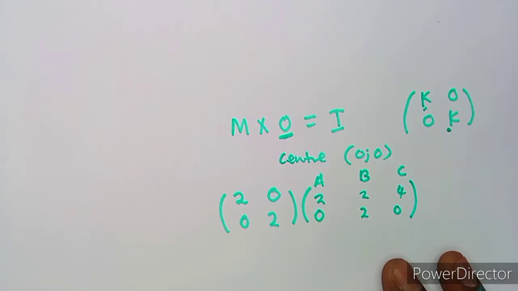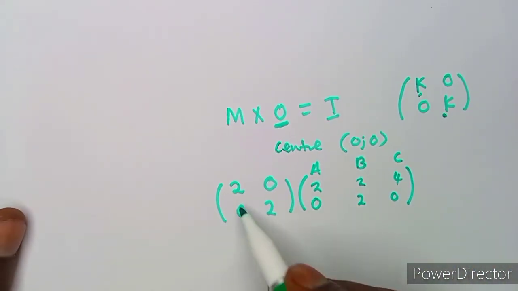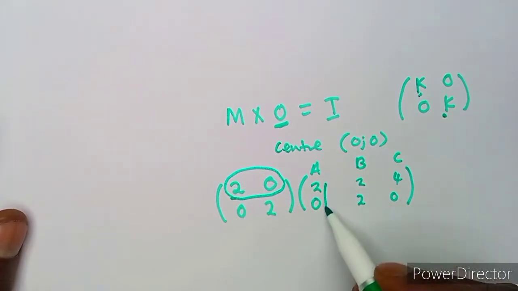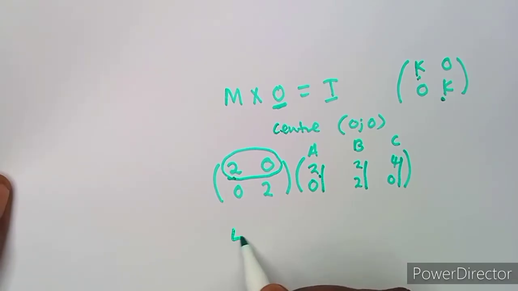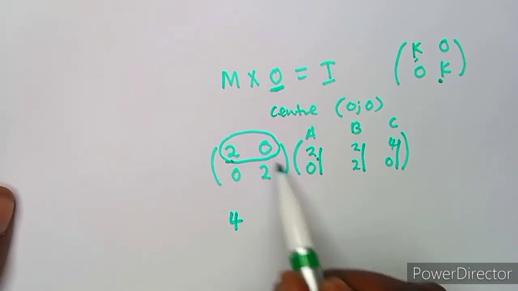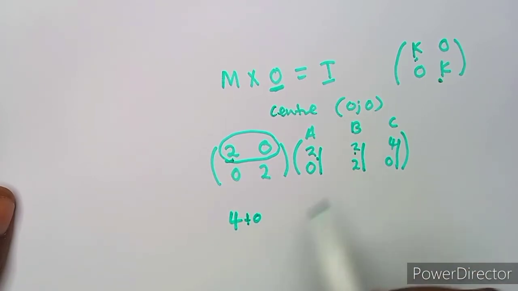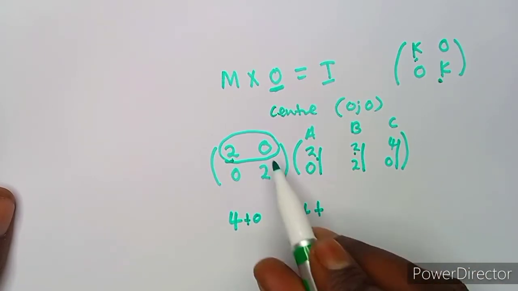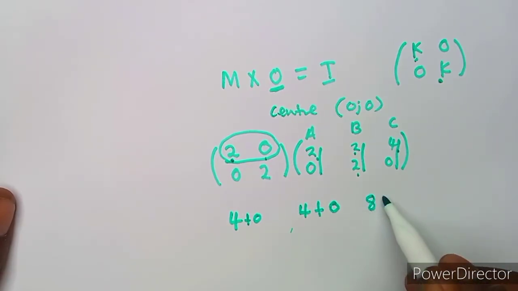So we have to perform our matrix multiplication, guys. It's you and your matrices now. We know that it's row by column. So you start with this row and this column. It's 2 times 2, that is 4, plus 0 times 2, that's 0. Then 2 times 4, that is 8, plus 0 times 0, that's 0.